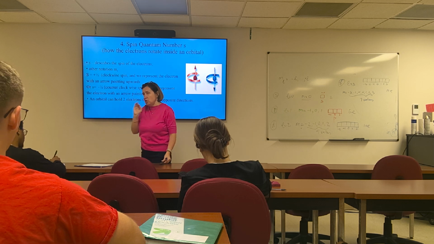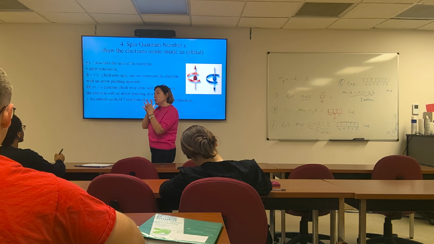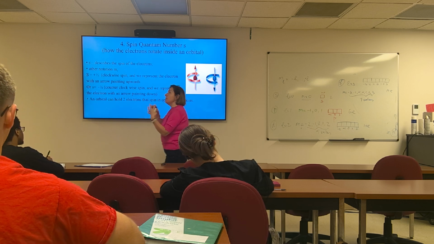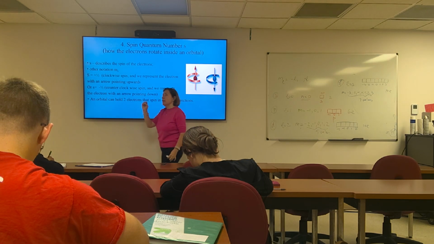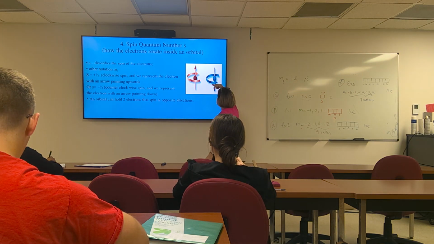Remember, these are notations. It has nothing to do with math. Plus 1/2 is the notation for an electron that spins clockwise. And the negative 1/2 is the rotation of an electron that spins counterclockwise, okay? And the symbol is the arrow down.